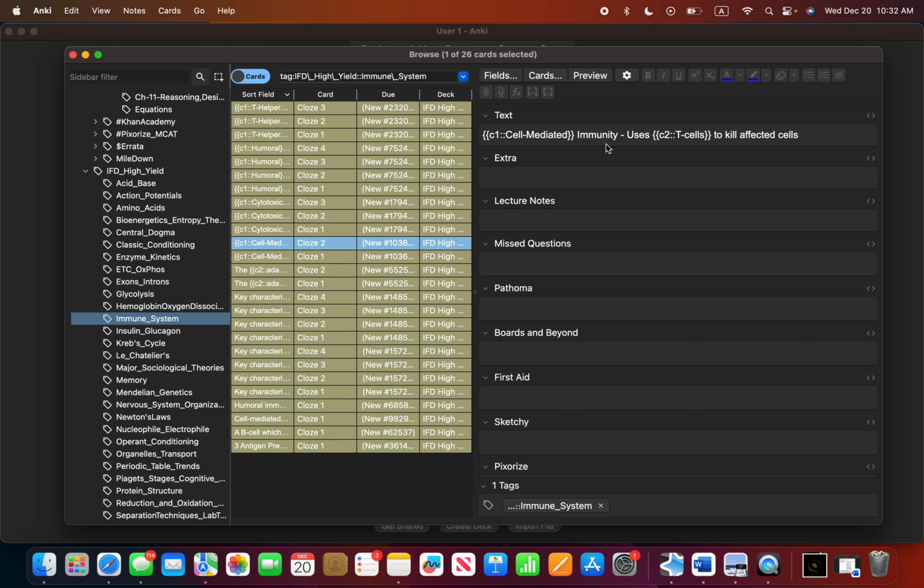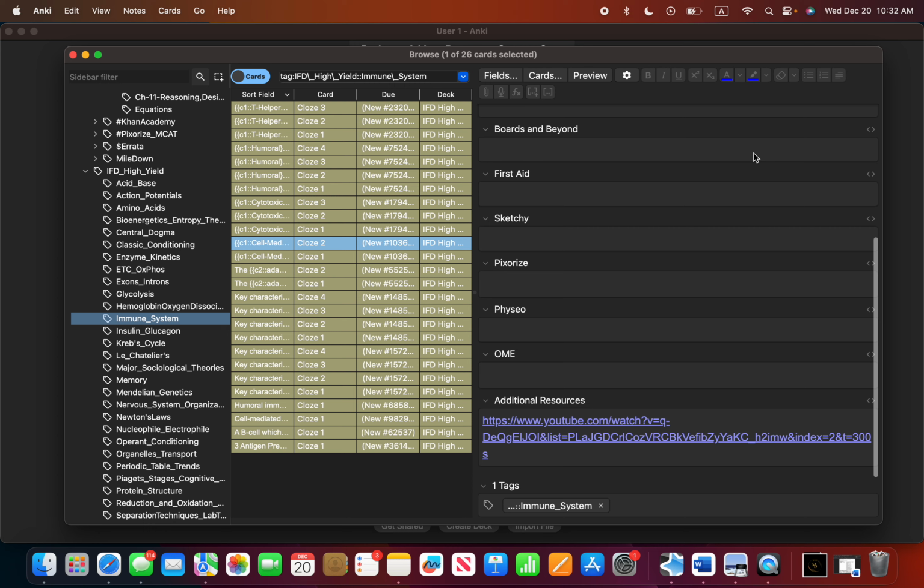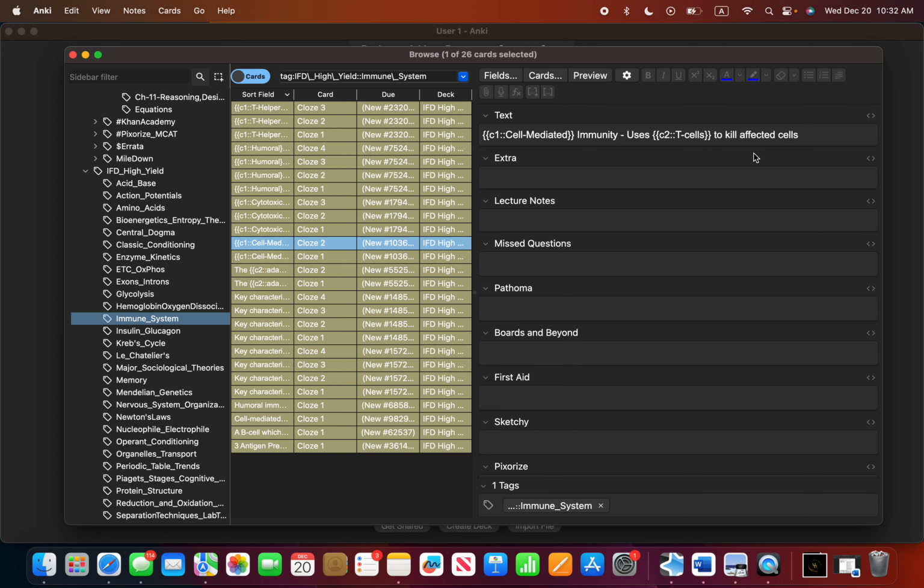The cell-mediated immunity uses T cells to kill affected cells. So we have another immunity. We had the humoral, which was the B cells, right? Getting help from helper T cells.